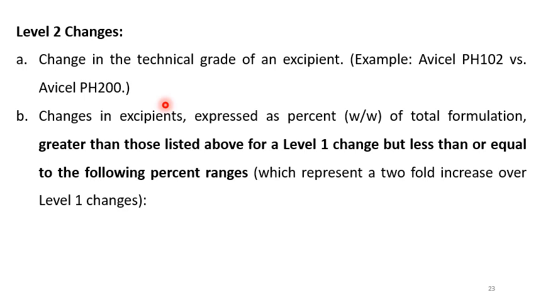Please understand these things. The level 1 change is only up to 5% change, that is, total additive impact is 5% only, and if the formulation crosses that limit, that means if it is coming to 6% or 7%, then the requirement will be for level 2 changes.